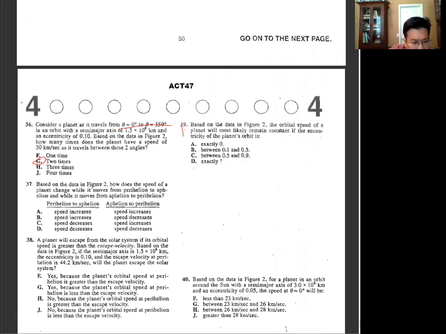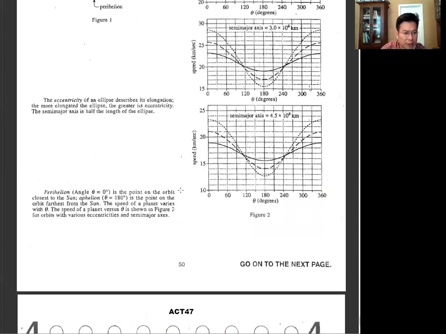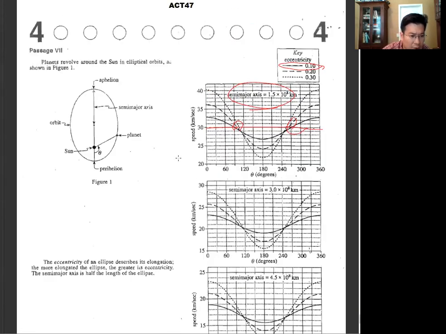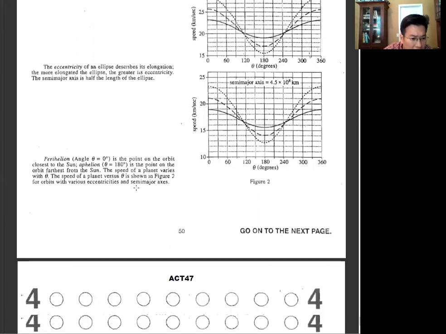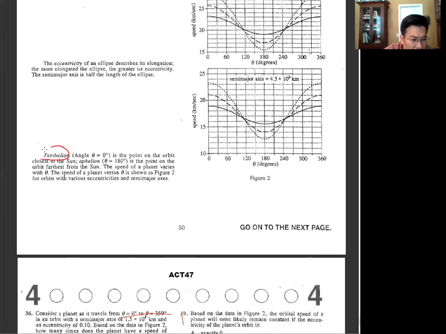Based on data in figure 2, how does the speed of the planet change as it moves from perihelion to aphelion? So we have to understand these two terms. Perihelion is angle 0 and aphelion is angle 180.